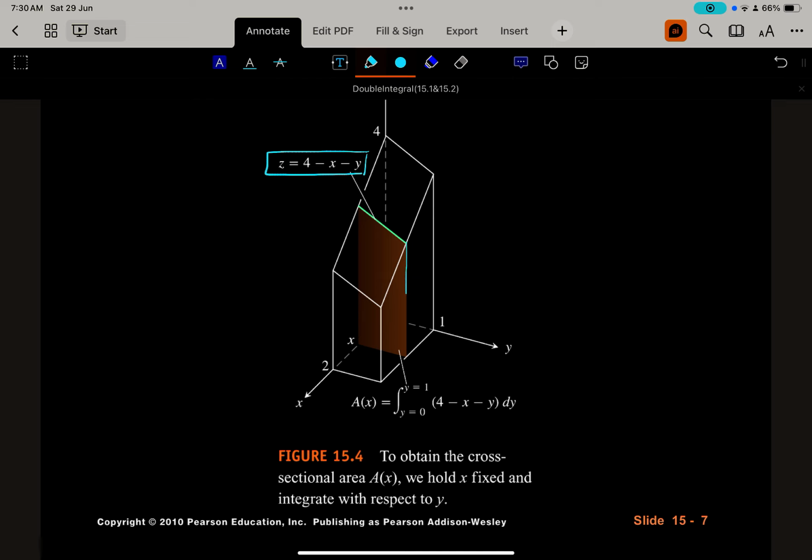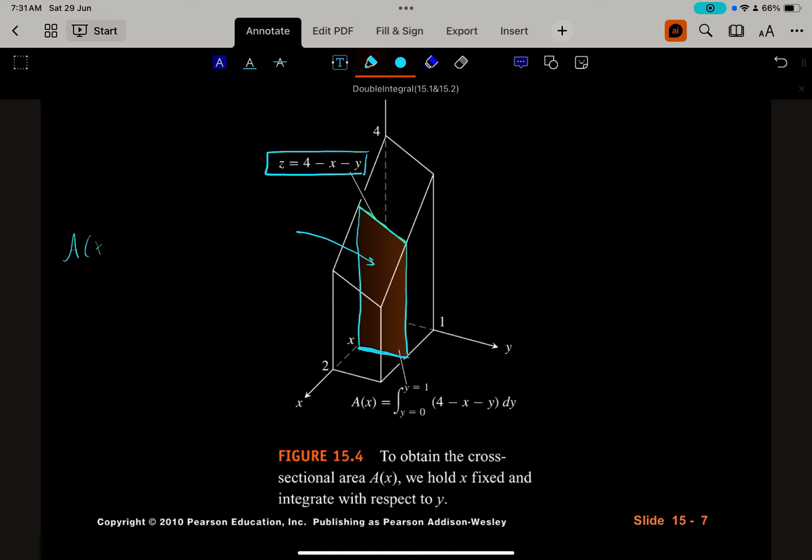So this plane represents a cross-section of the solid, and we want to find the area of this cross-section. Now, in order to find this area, we can do the following.